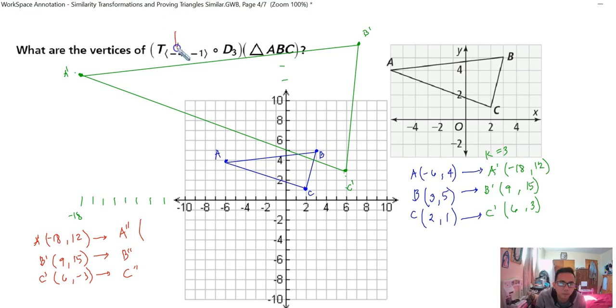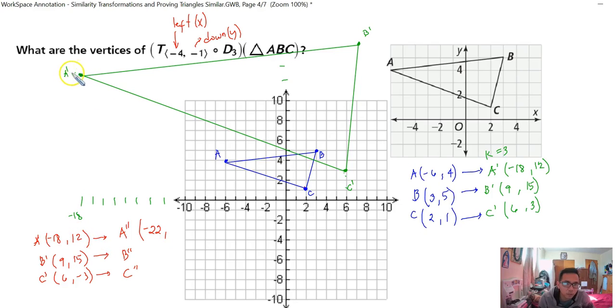The meaning of this one will be 4 units to the left of the x-axis. And then this one will be, because it's negative, so down to your y-axis. So we have negative 18 minus 4, that is negative 22.